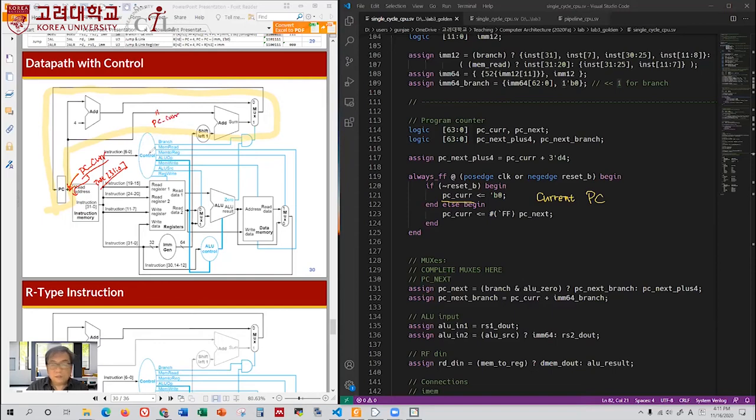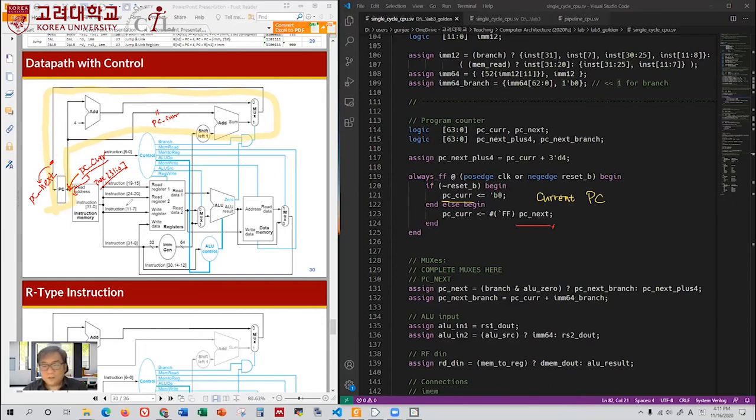Then what is the PC next here? PC next is the next program counter. So obviously this signal is the PC next. Understand?